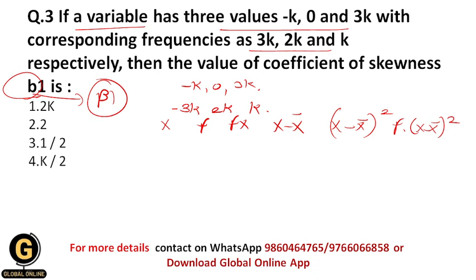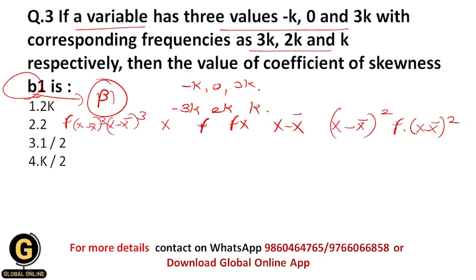Then here I'll write x minus x bar bracket cube, and the last one will be f into x minus x bar bracket cube. So actually we need to calculate all these points or values first of all, because we need all of these for our further calculation.